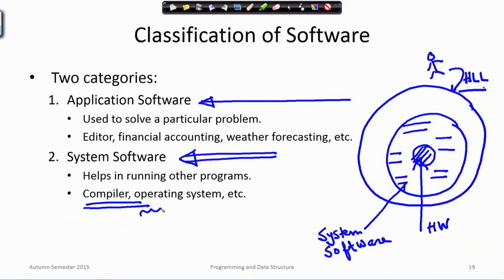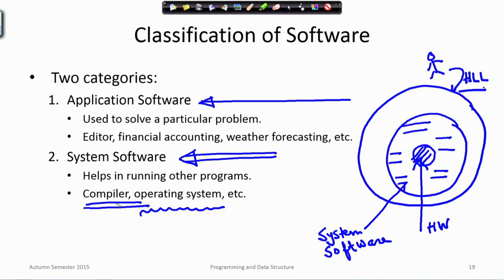Similarly, the operating system is another very important software lying in this internal layer, which enables the user to use the computer in a much more user friendly and efficient way.